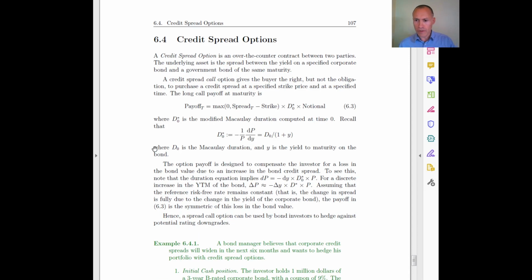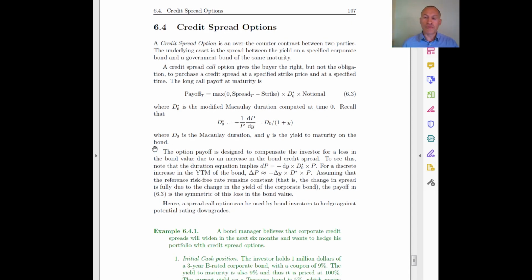Okay, so credit spread options are options whose underlying is a spread. So a spread between what? A spread between a yield on a given risky bond and the yield on a risk-free bond. Okay, so the payoff of the option is defined like this.